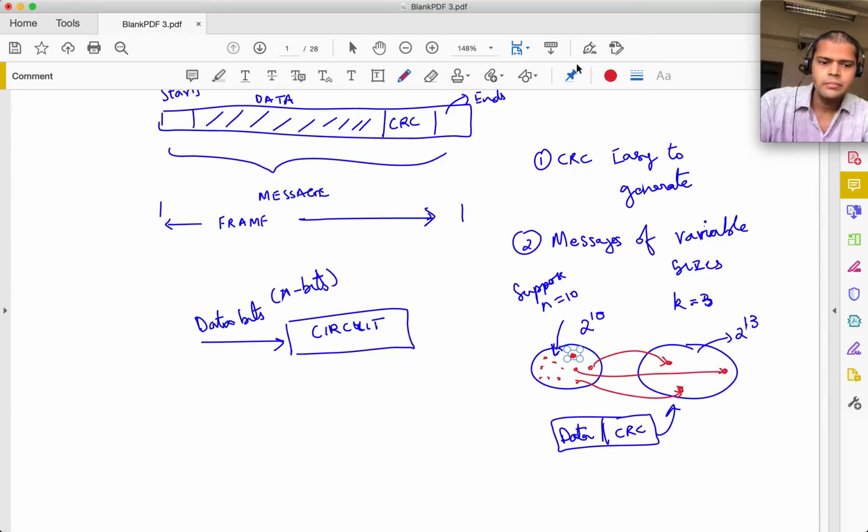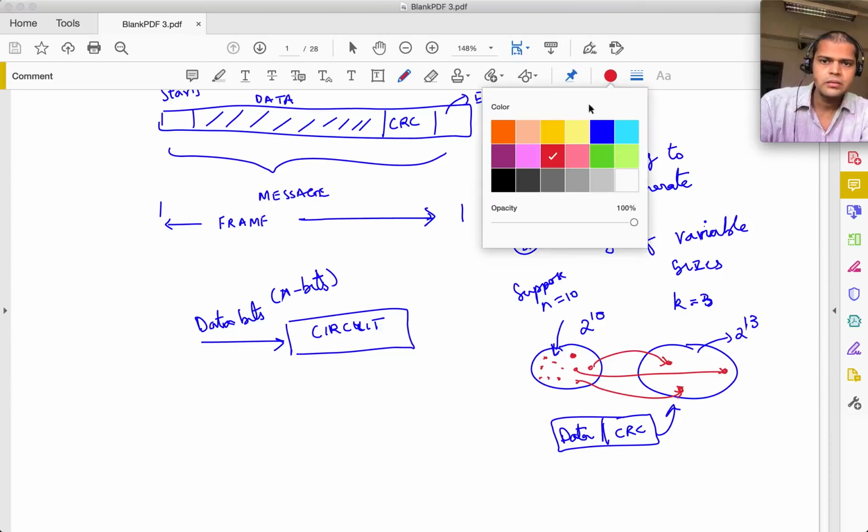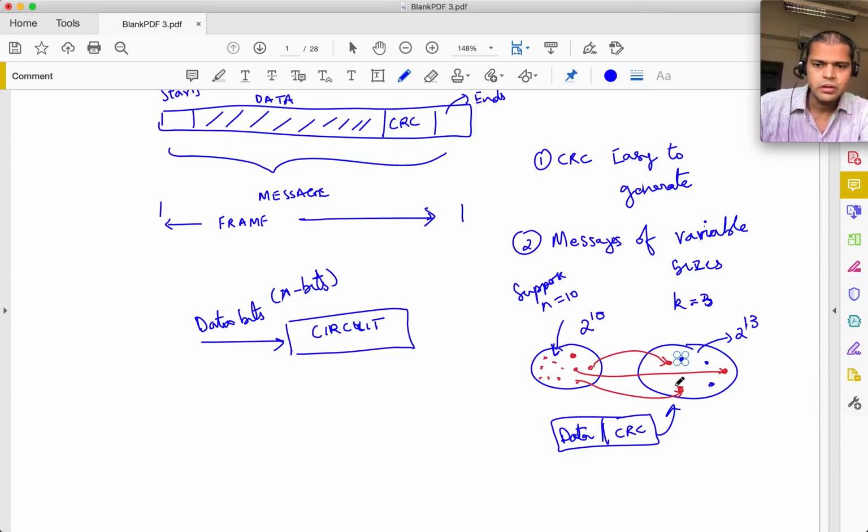So there may be many other points in this space which are not valid. So this helps us detect if errors have occurred.